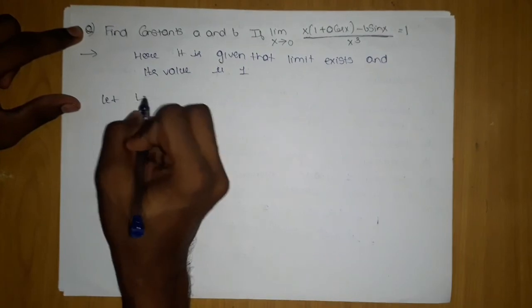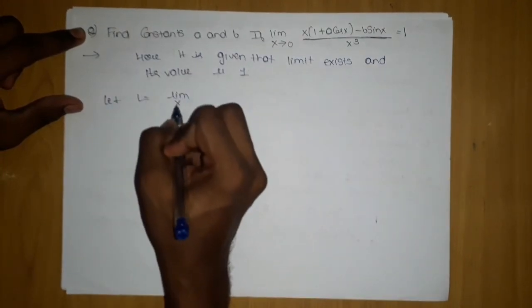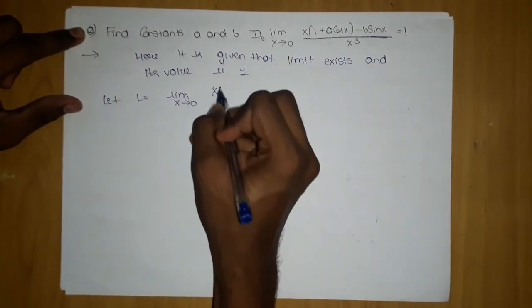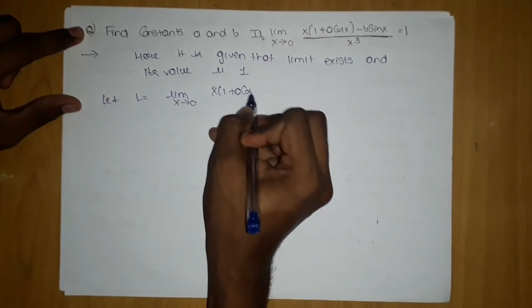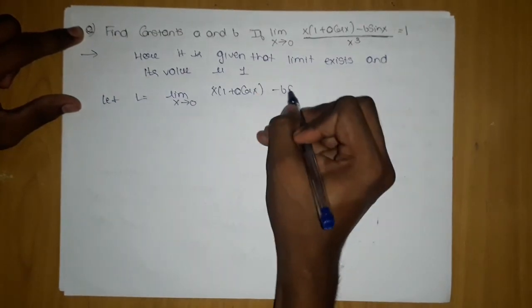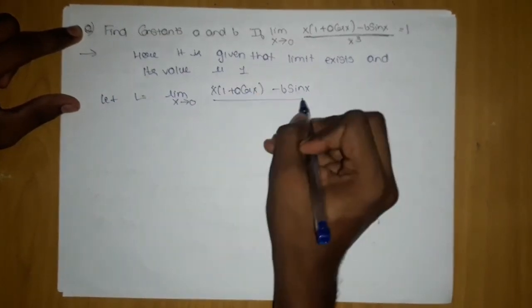Let L equals to limit x tends to 0, 1 plus a cos x minus b sin x, the whole by x cube.